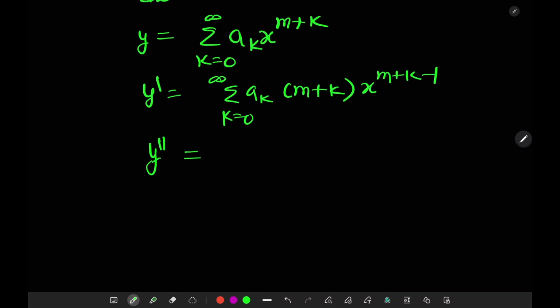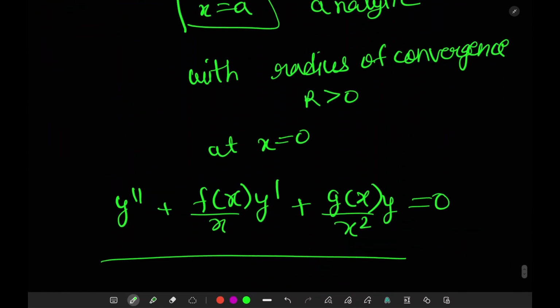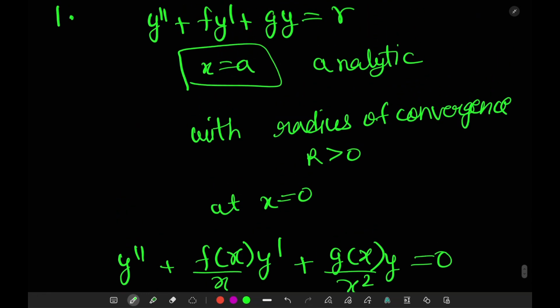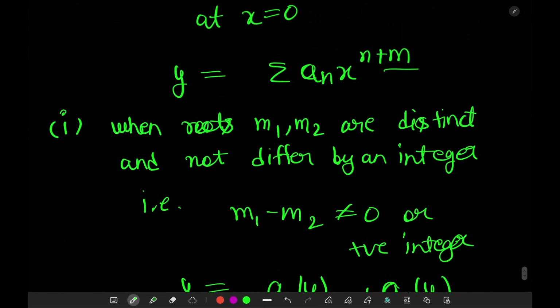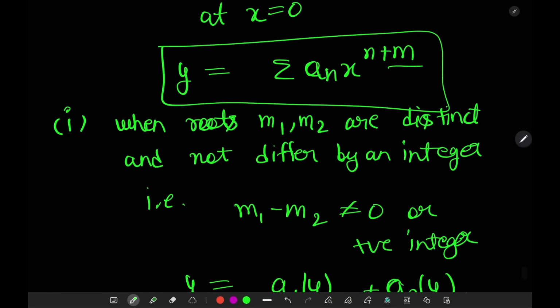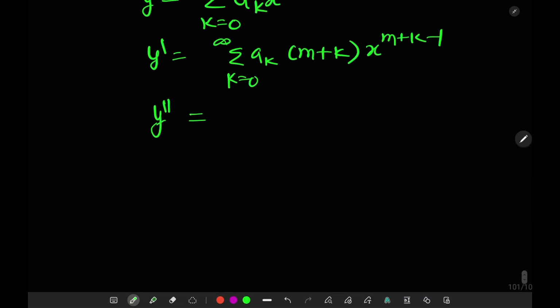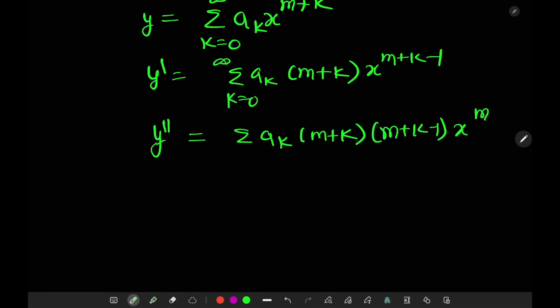This is known as the Rodriguez formula, as we used here in the extended power series method. Now y double dash is equal to summation a k into m plus k into m plus k minus 1 into x raised to power m plus k minus 2.